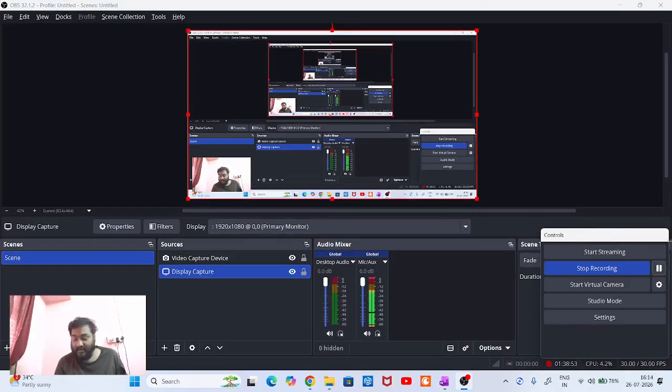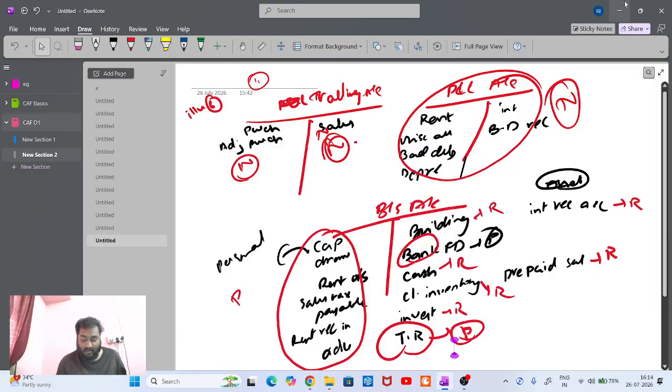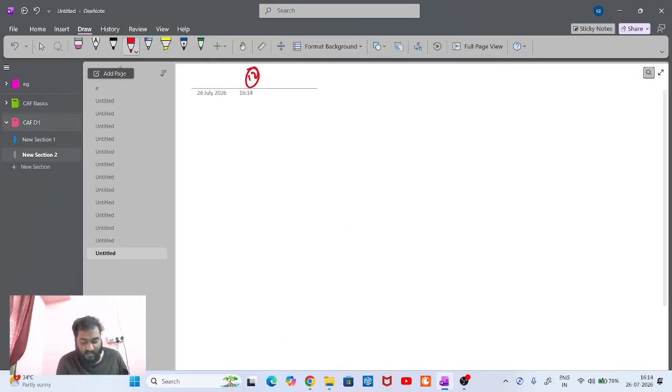Hello again. Let's continue with the concept of GST. Let's open the example. Sorry. So, what exactly is GST? GST is my lovely, lovely topic.